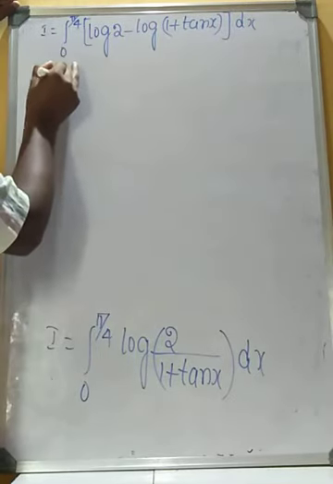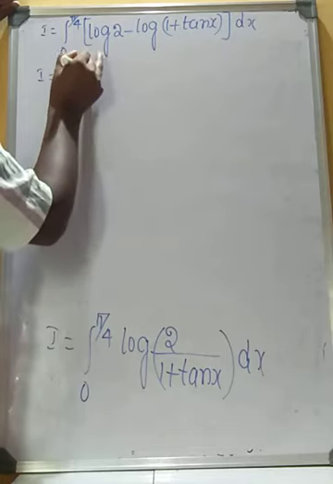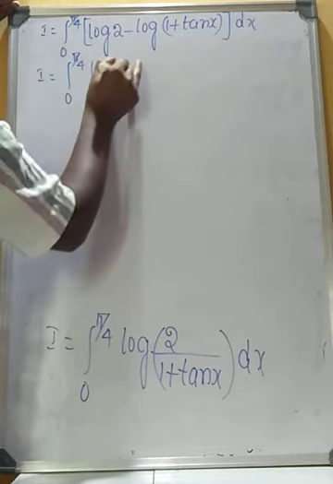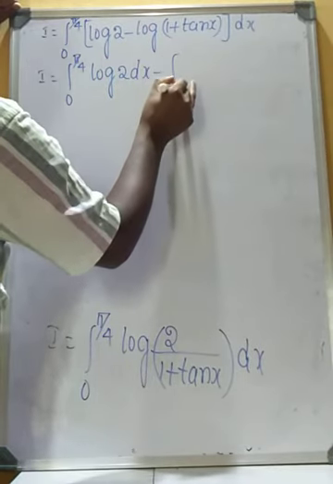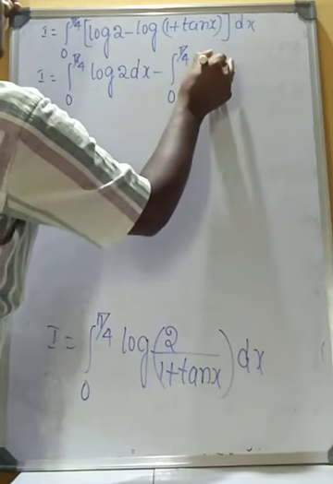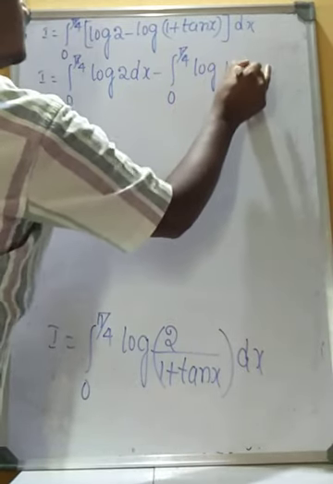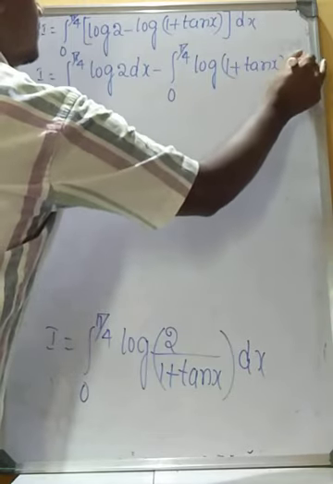Therefore, I equals integral 0 to pi by 4 log 2 into dx minus integral 0 to pi by 4 log of 1 plus tan x into dx.